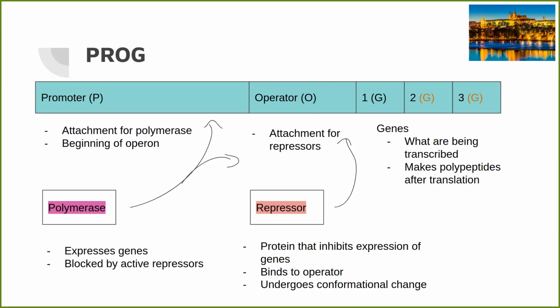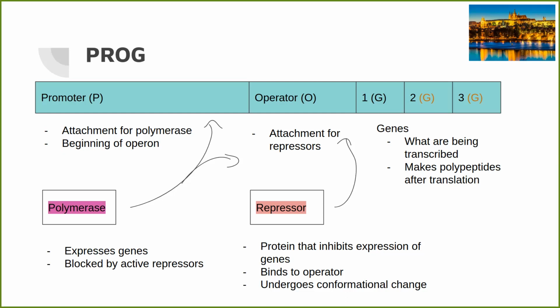Certain proteins have specificity for the sequence in some of these regions, and they will bind there if possible. For example, polymerase will bind to the promoter region of an operon, where it is free to move along the rest of the DNA and eventually transcribe the genes at the end. But it can also become blocked by a repressor protein, and the repressor protein will bind to an operator region.